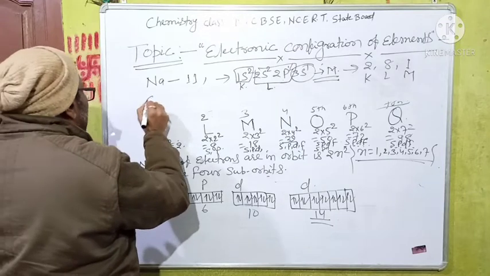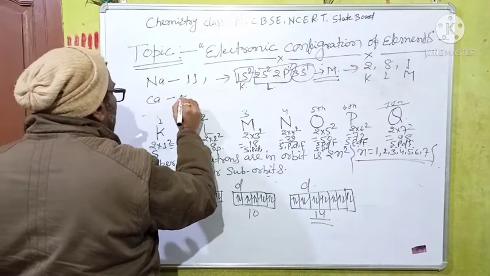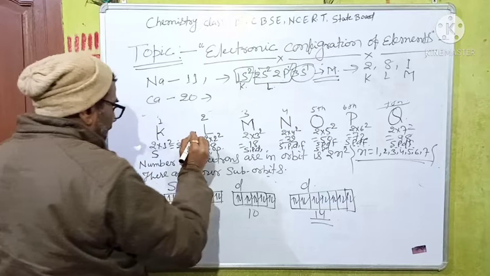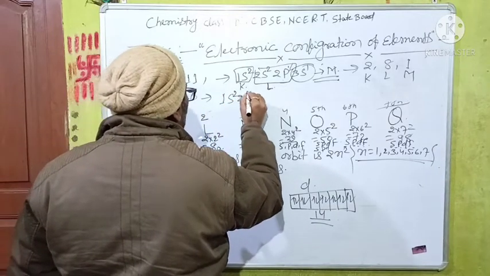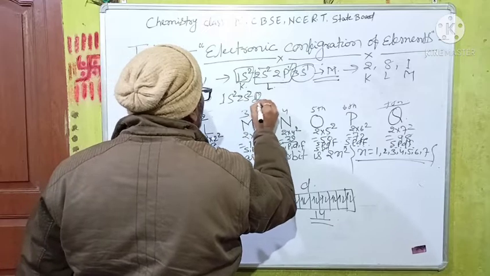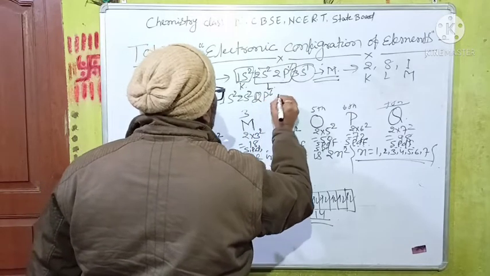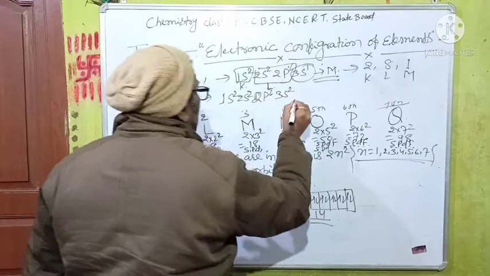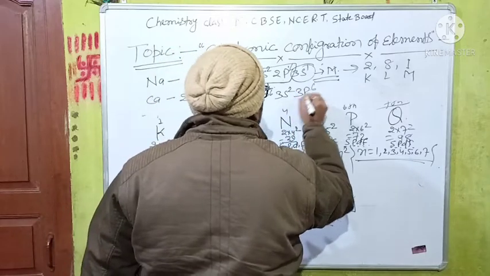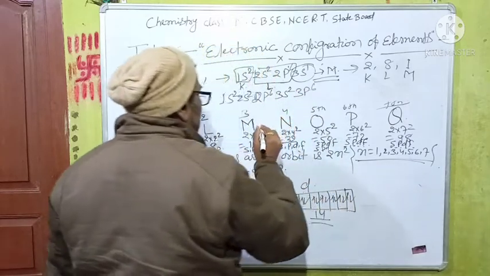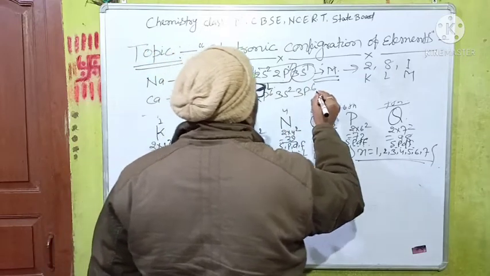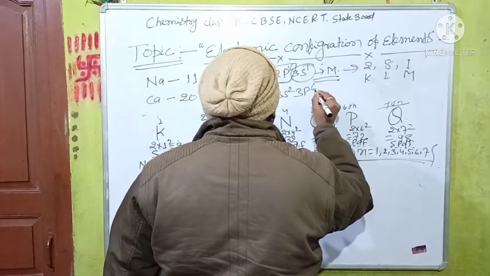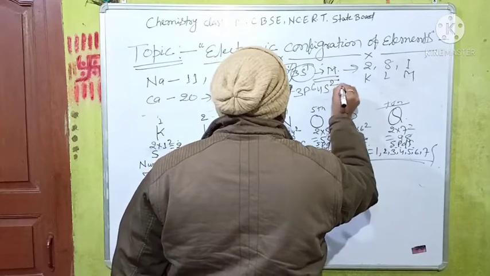Second, this is calcium. Its atomic number is 20. Then we can write here 1s2, 2s2, 2p6, 3s2, 3p6, 4s2.